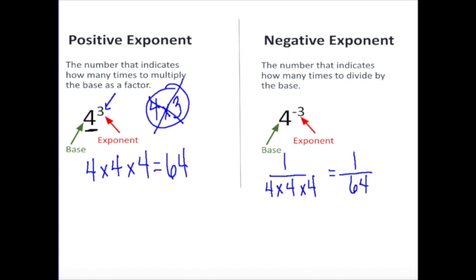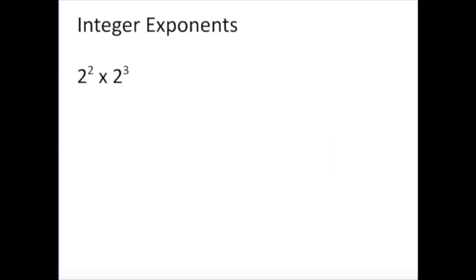All right, so now let's move forward and look at how we can use these exponents together. So we're going to spend just a little bit of time talking about multiplying exponents. So right here we have two whole numbers with the same base and different exponents. So I'm going to think about this in terms of each piece. The 2 squared here is the same thing as 2 times 2.